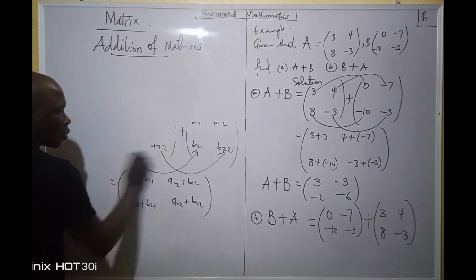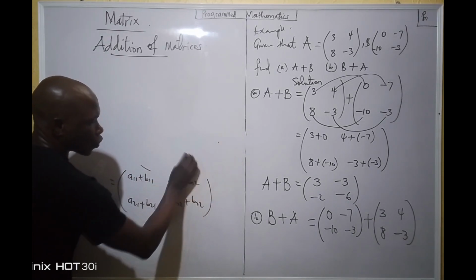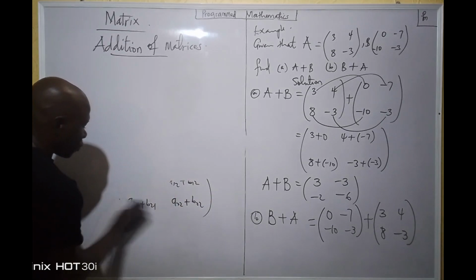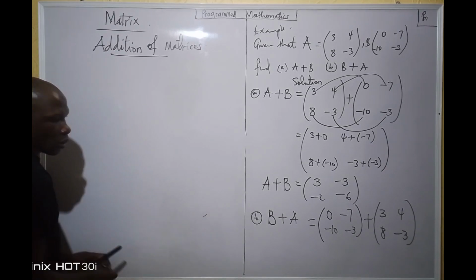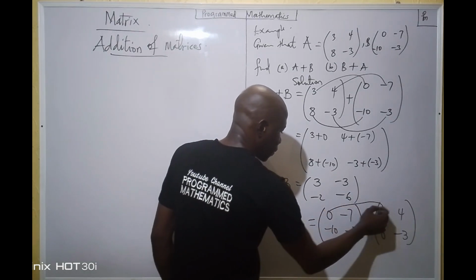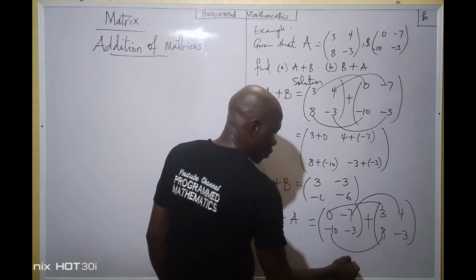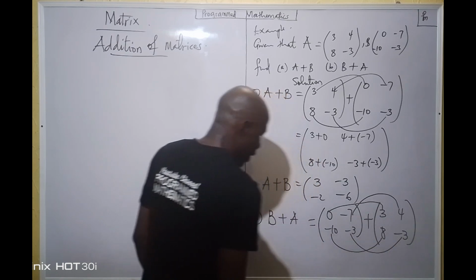And so in this case as well, we are simply adding 0 to 3, minus 7 to 4, minus 10 to 8, minus 3 to minus 3.